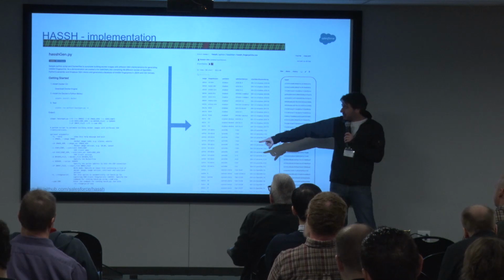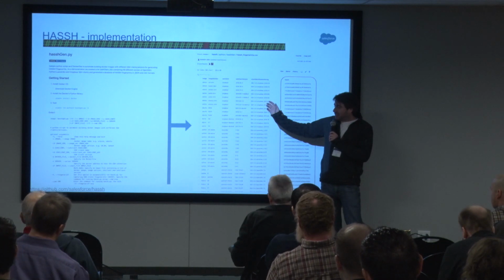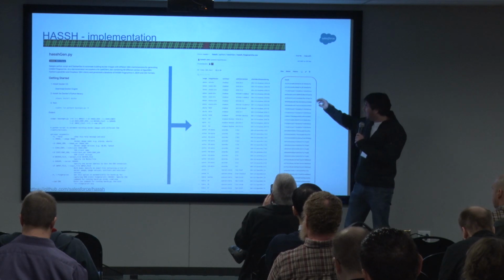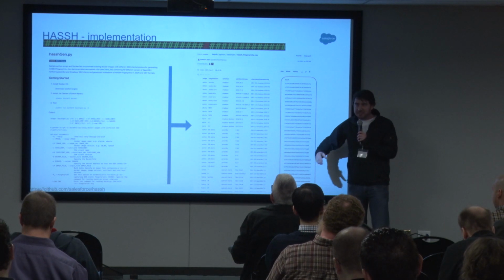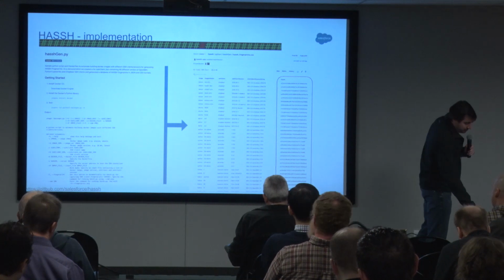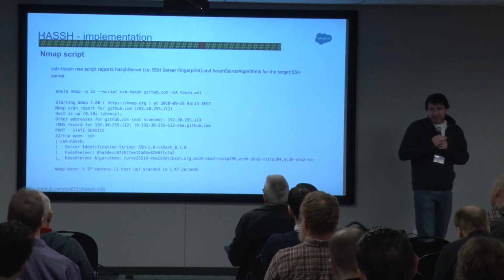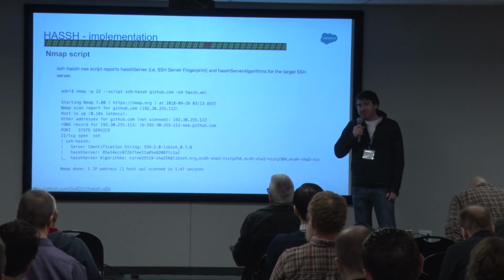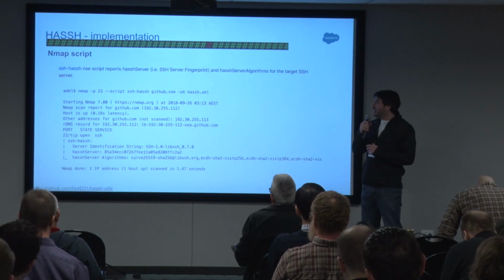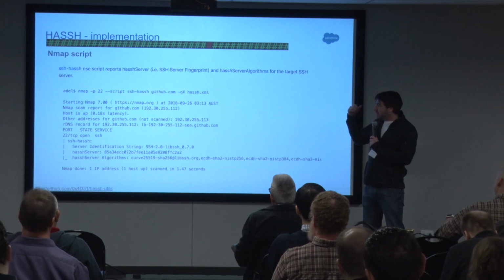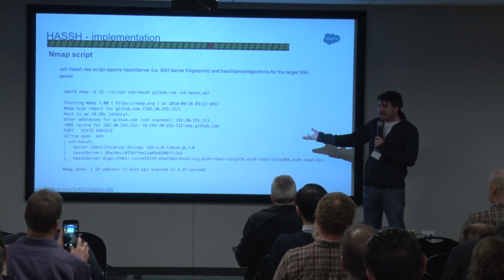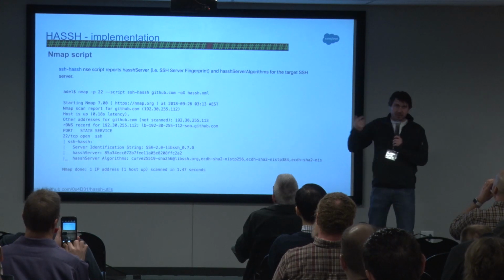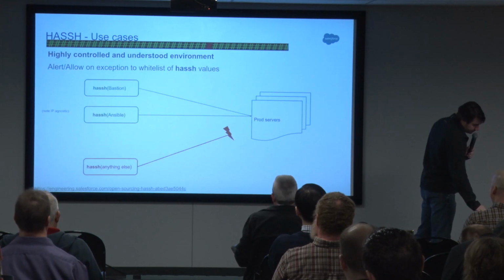That code is on our GitHub, github.com/salesforce/hassh. And the list that he already generated is there too if you want to play with that. Adel is just a coding master. He also wrote an nmap script so you can scan the internet or your network and find out what the HASSH values are for any SSH servers on your network or wherever you're looking.